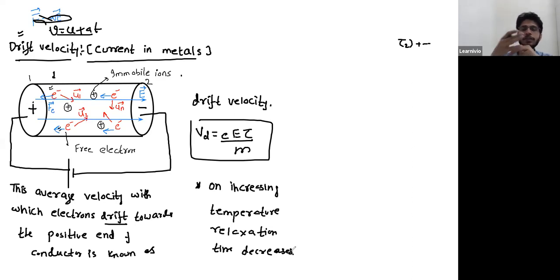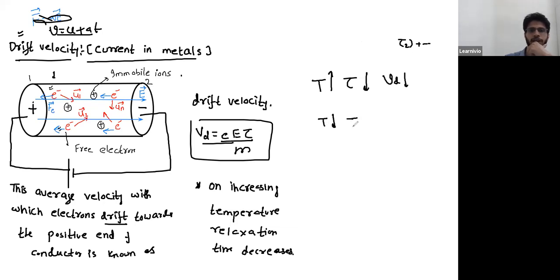If I increase the temperature, then thermal energy will increase. Due to thermal energy, electrons will collide more frequently, that means the time will decrease. So if I increase temperature, then relaxation time will decrease, and through this expression, your drift velocity will decrease. Similarly, if I decrease temperature, then relaxation time will increase, that means your drift velocity will increase.